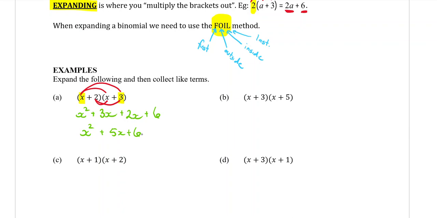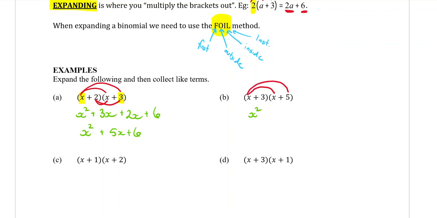What do you think? Can we do that a few more times? Like a lot more times? All right, let's do it again. So it's first, outside, inside, last. And you can draw the little lines in there to help you know which ones you're multiplying together. So first means x times x, which is x squared. Then we do outside, which is x times 5.